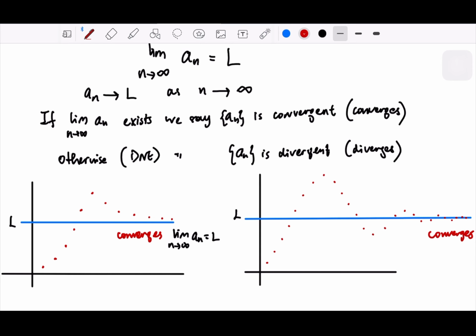Although we can see that it's up and down, the oscillations, the gap, getting smaller, and it goes to some value L. So we can also say that this is a n limit. This is also going to be L.